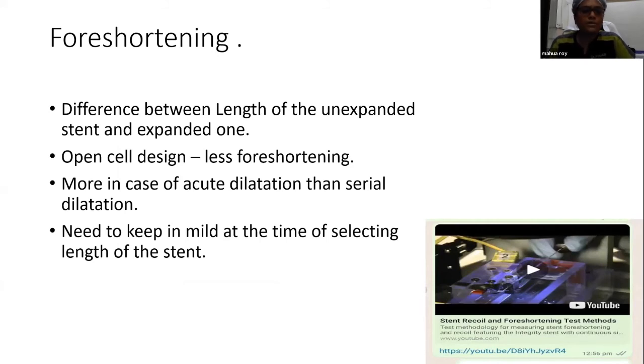Most of the time, open stent design causes less foreshortening. Here we need to understand that if we dilate serially, then there is less foreshortening. If we acutely dilate, that means from the minimum diameter to the maximum diameter, then there is a chance of foreshortening. So we should keep it in mind at the time of selection.